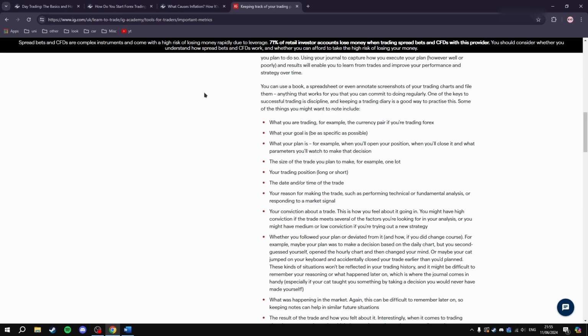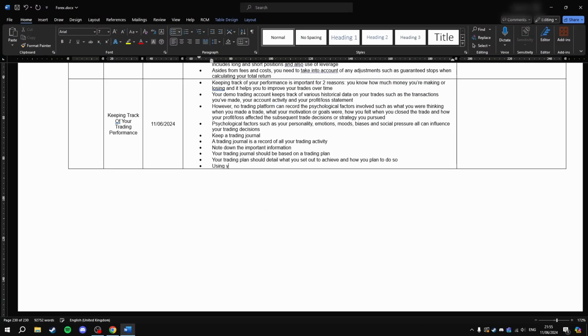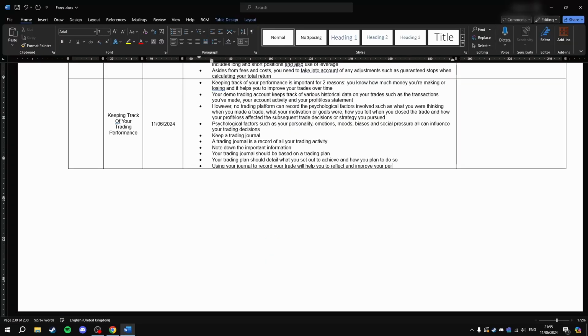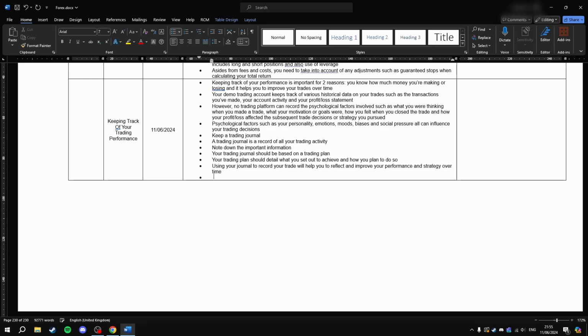Using your journal to record your trades will help you to reflect and improve your performance and strategy over time.